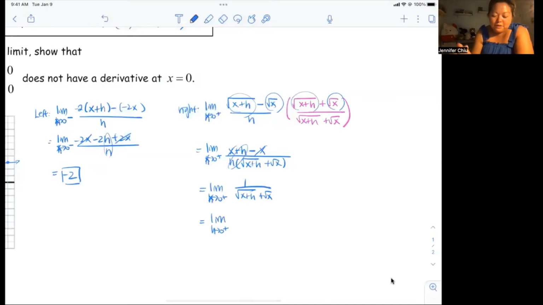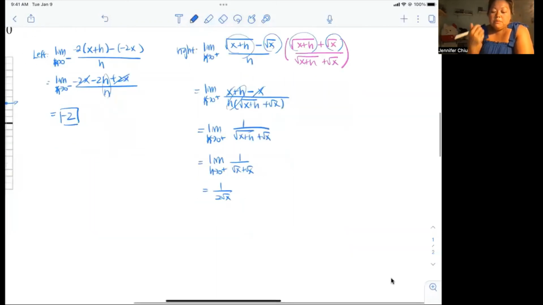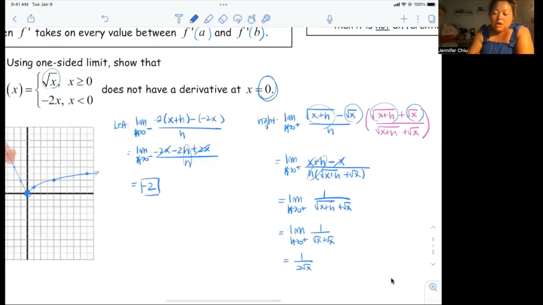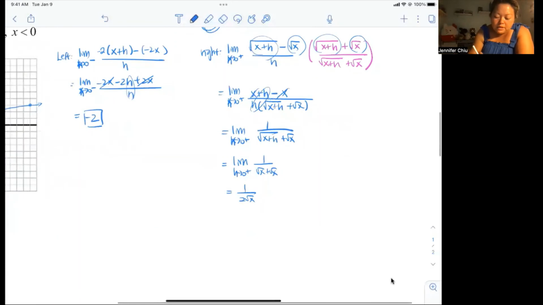All right, so the h's are gone. You plug in h, you get 1 over root x plus root x, which is 1 over 2 root x. So then we're going to plug in our value. We're looking at the derivative at x equals 0. So we plug in 0 and you get 1 over 2 root 0, which is 1 over 2 times 0, which gives me 1 over 0.